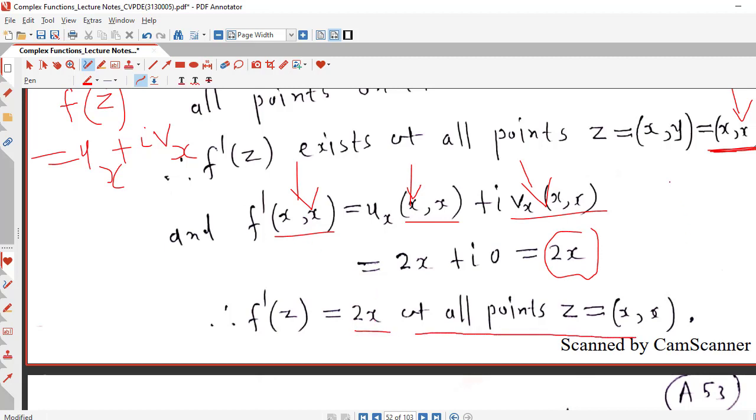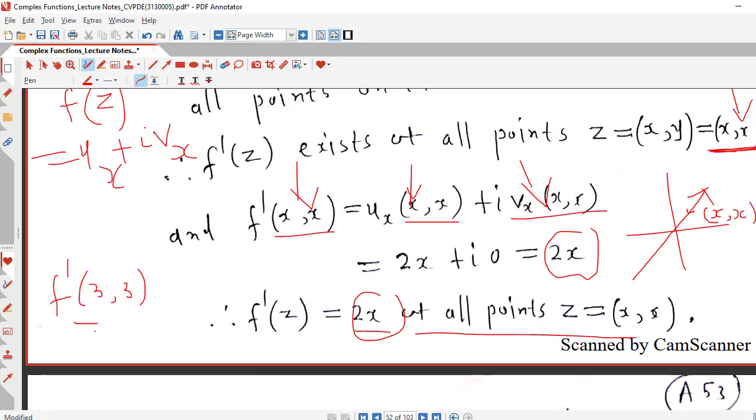So the function is differentiable at all the points on the line, and the derivative at any point, ordered pair x, x on the line, is nothing but 2 into x. That means suppose I want to find the derivative at point 3, 3. Then because this point is on the line, the function is differentiable at this point, and the value is 2 into the x component, that is 3.